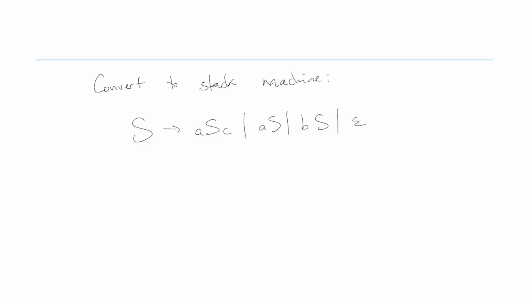All right, and show a derivation of, how about ABAACC on the stack machine. My suggestion would be first make a grammar derivation, because to me that's easier, and then convert that step by step to a stack derivation. See what you think.